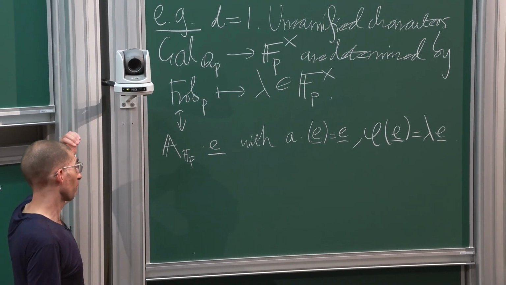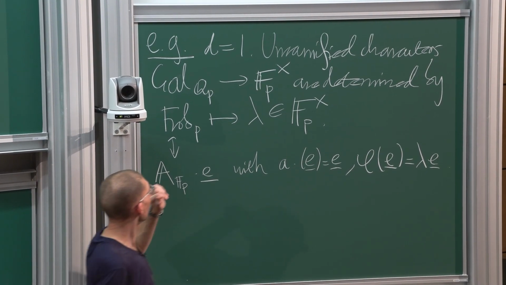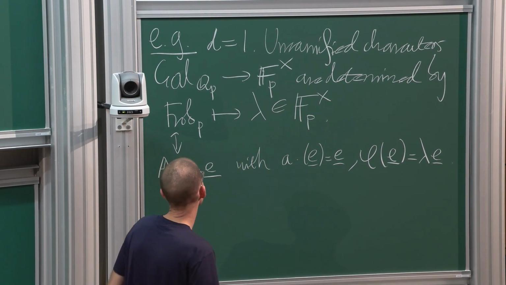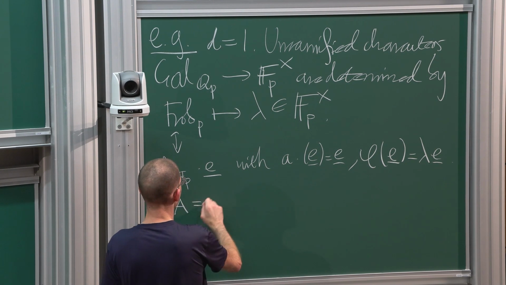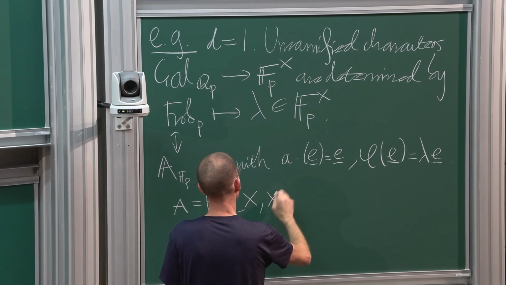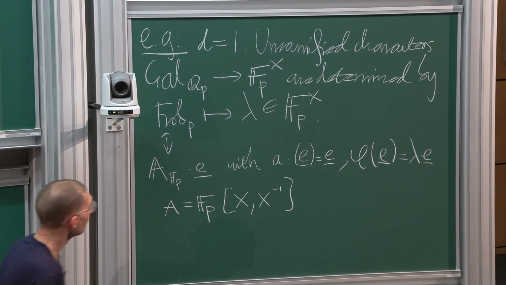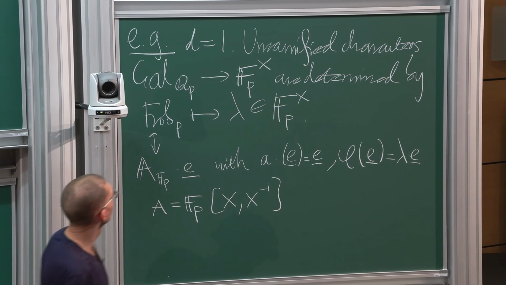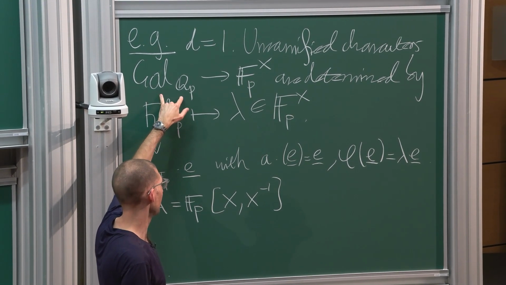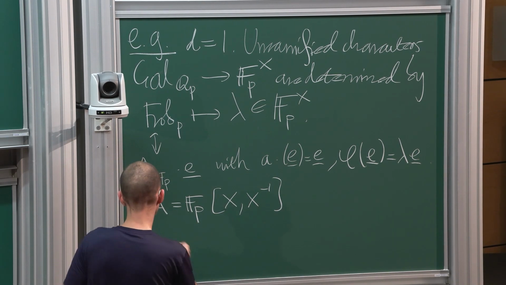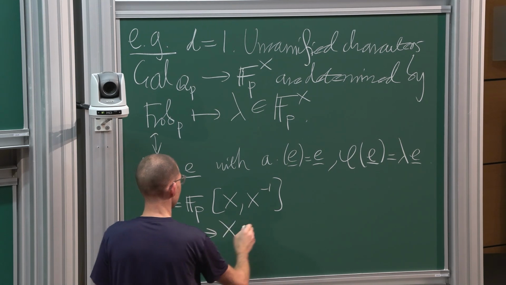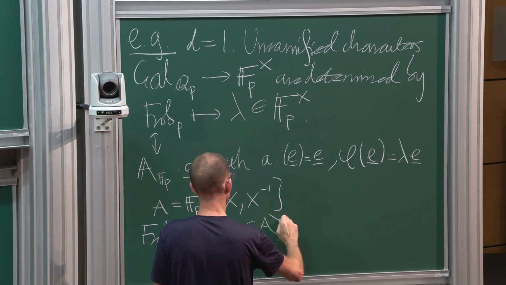We saw in Junwen's talk that if I now try and consider some larger ring, like maybe I now want to take A to be something like Gm, so I take Fp[X, X inverse], there's no character of the Galois group sending a Frobenius to X. I can't do Frob p maps to X in A star.